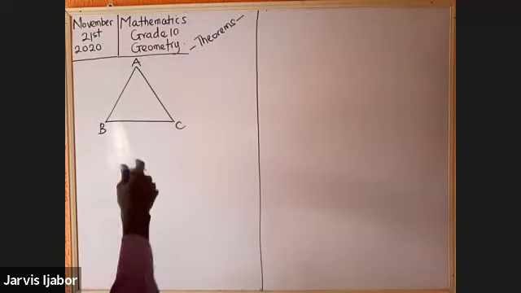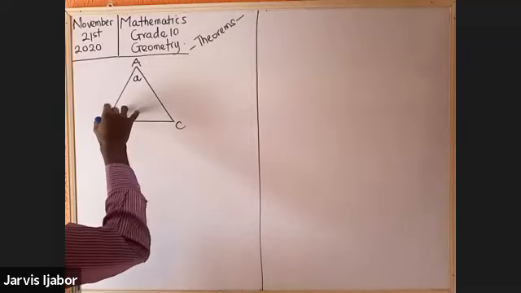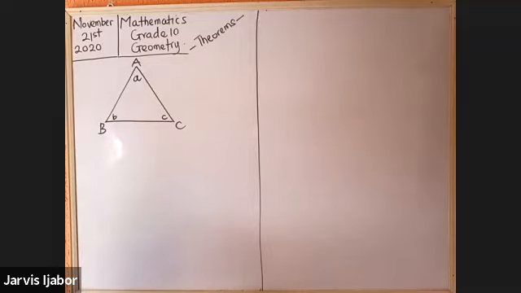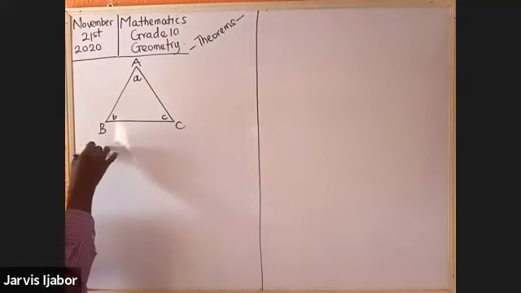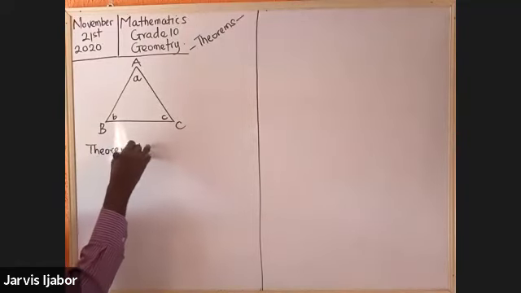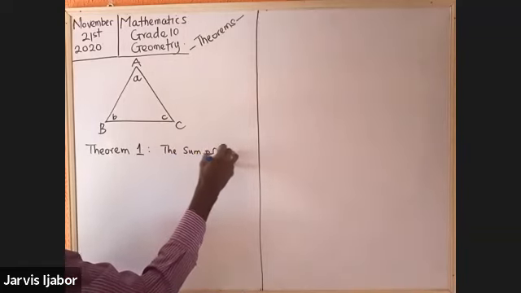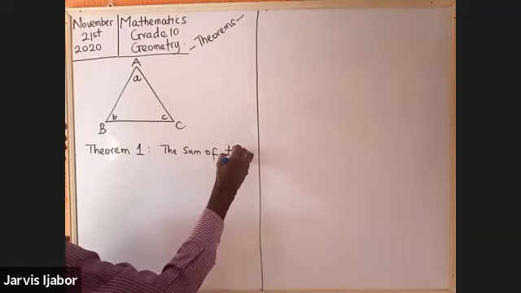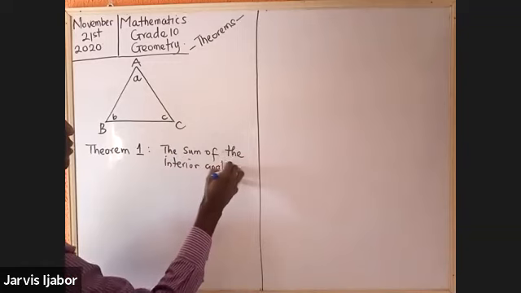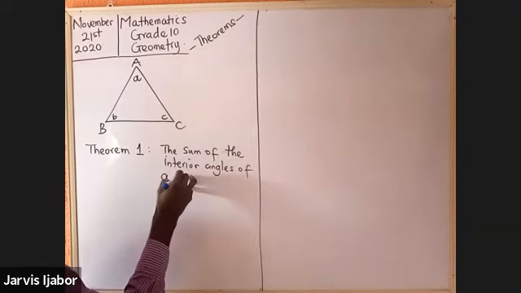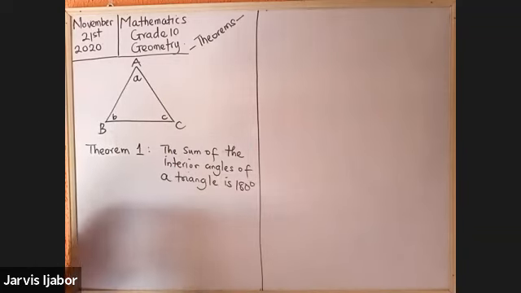The first theorem you need to take note of, let's call it theorem 1, is that the sum of the interior angles of a triangle is 180 degrees.